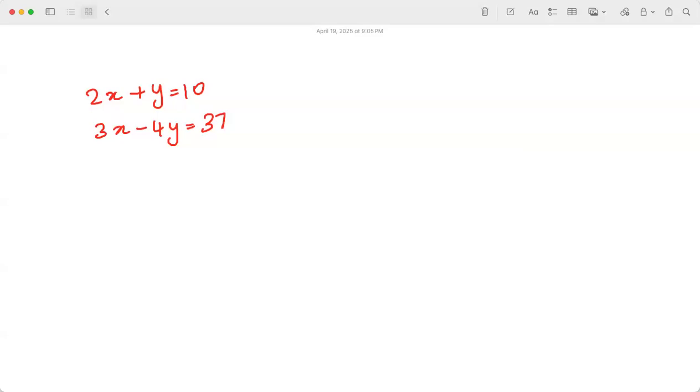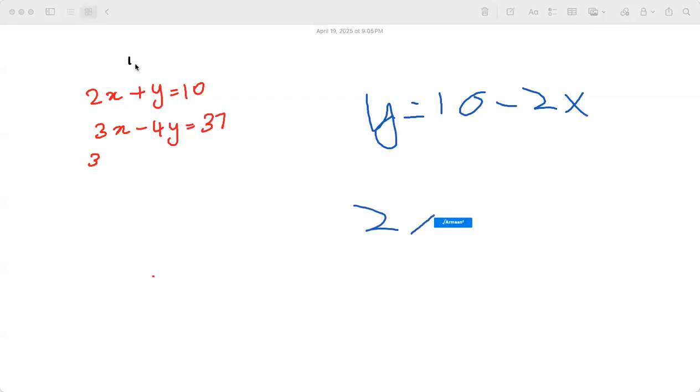Yeah, I got something really weird. I sent it to you in chat. I'll help you, Arman. I used the first equation and I got y is equal to 10 minus 2x. And I substituted 2x plus.